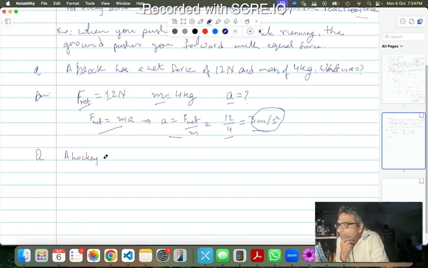A hockey puck slides on ice with negligible friction.